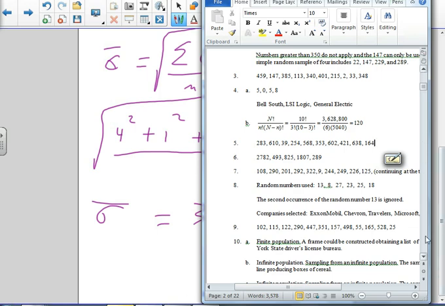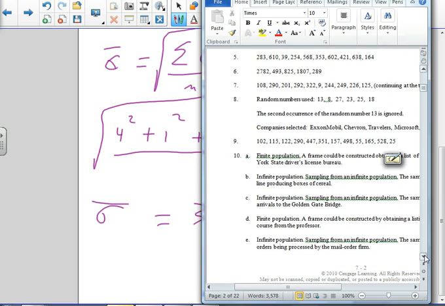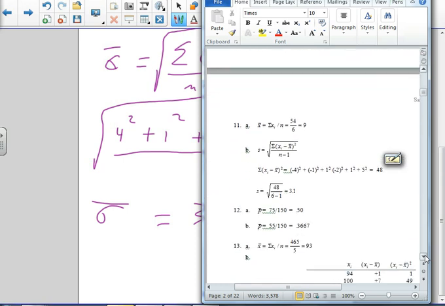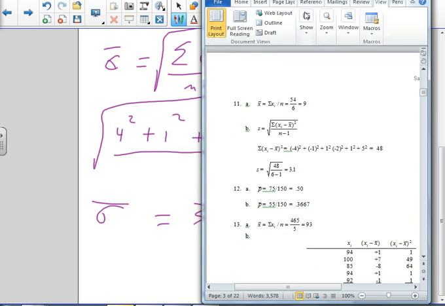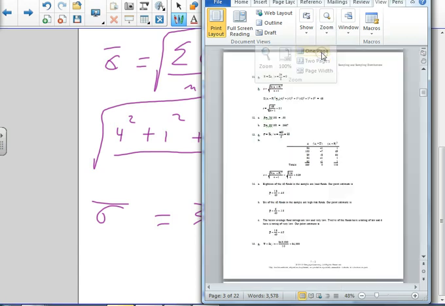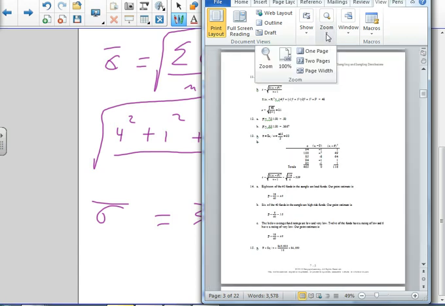And I look down on number 11, and I see a 3.1 and I see a 9. View, zoom. That didn't zoom much, did it?